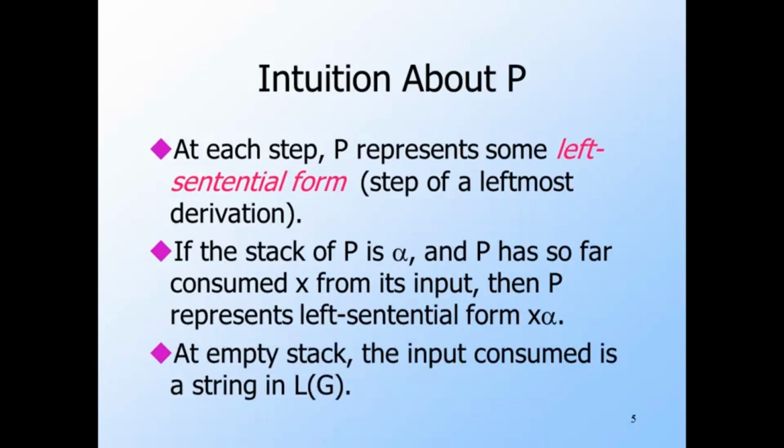That means P has found a leftmost derivation of the input string it has read, so acceptance of the string is justified. If no sequence of choices of the nondeterministic P leads to empty stack after consuming W from the input, then W is not a terminal string derived by the grammar, and P rightly does not accept W.